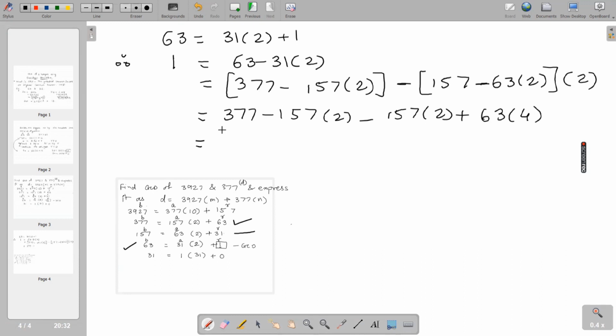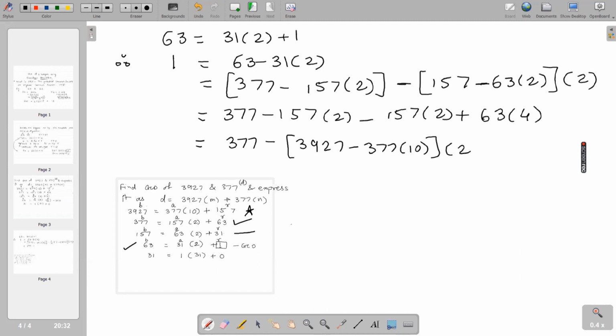So now I have got 377 in my expression. I don't want 157 to occur and 63 also to occur. So for 157, I'm going to use this star expression. So let me write 377 as it is. And for 157, I'm going to write 3927 minus 377 into 10.